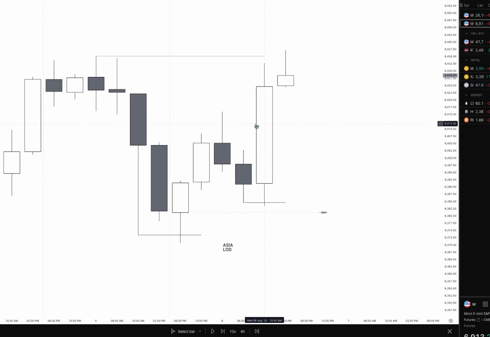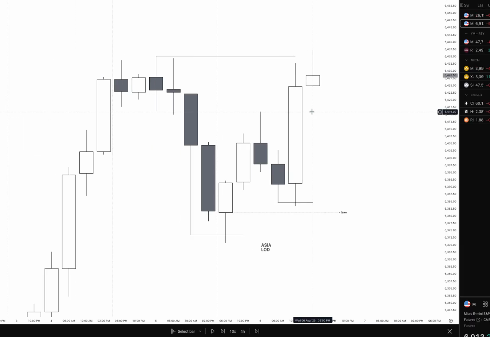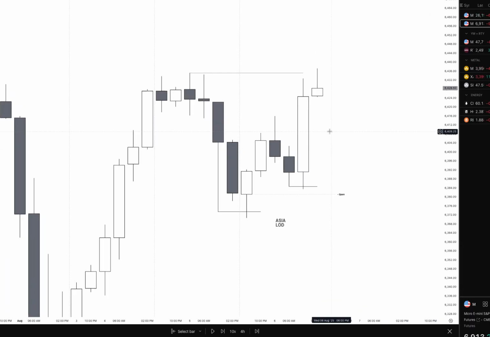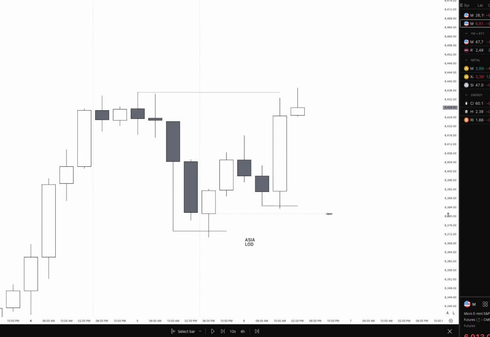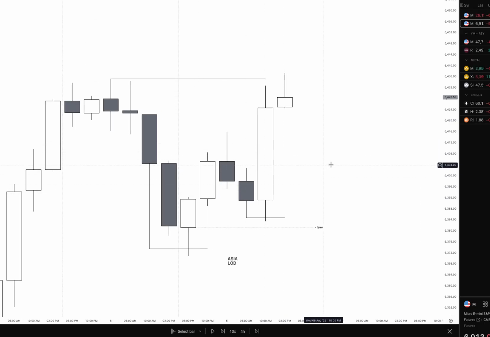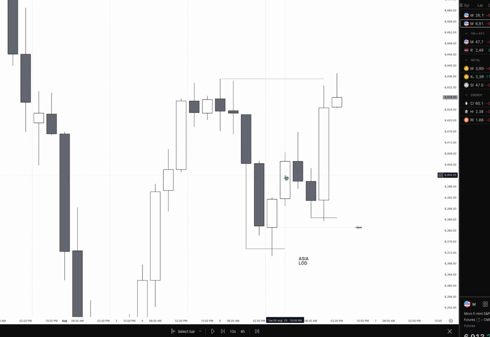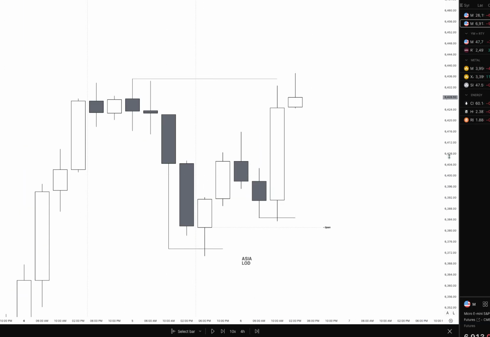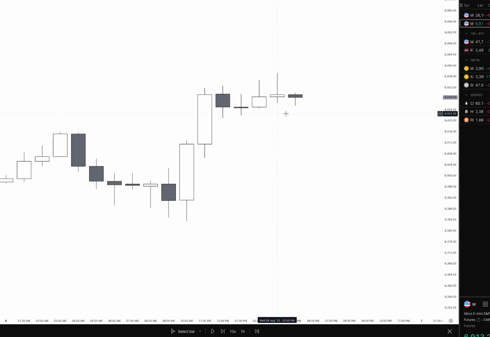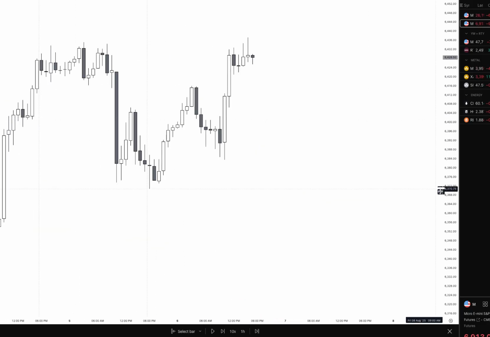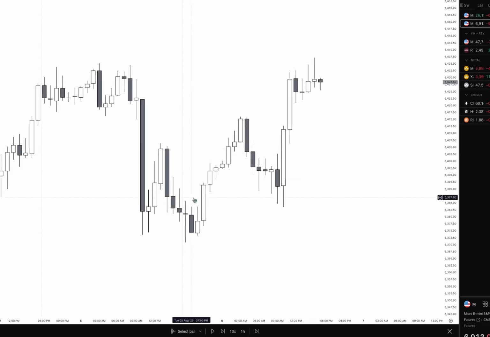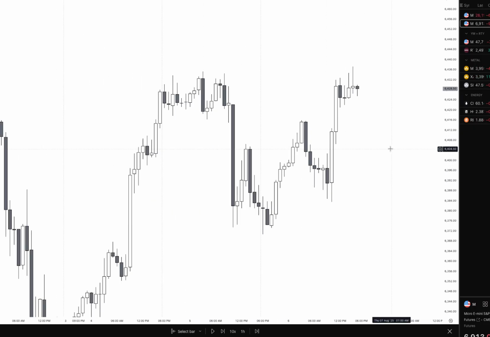These 4 hour profiles, you can find them in the Market Lens. Garrett, he teaches it pretty good. These are my favorite right now. It is my favorite way to look for confirmation, especially when the 1 hour is not showing anything very clear and you want it to be more clear.